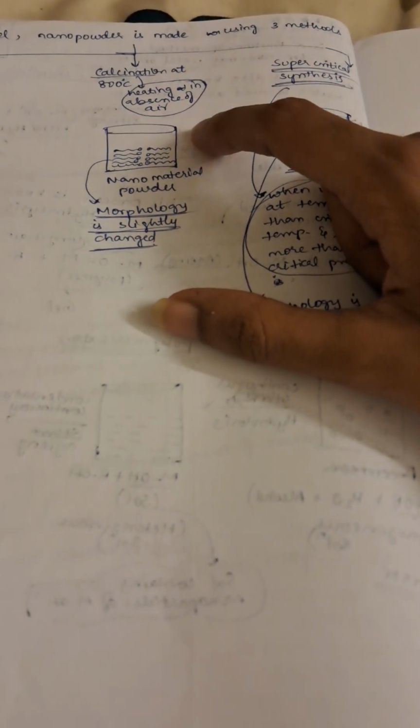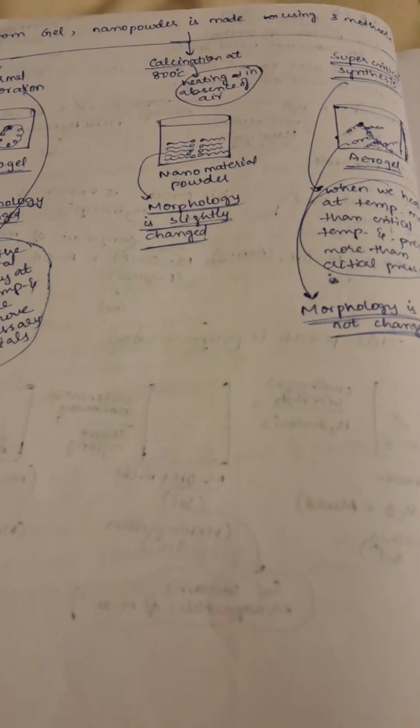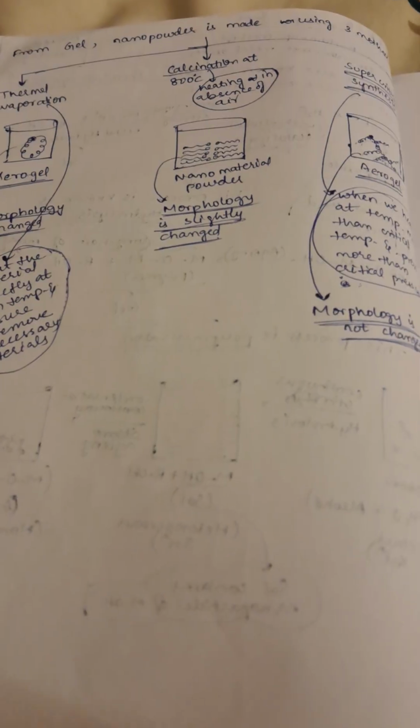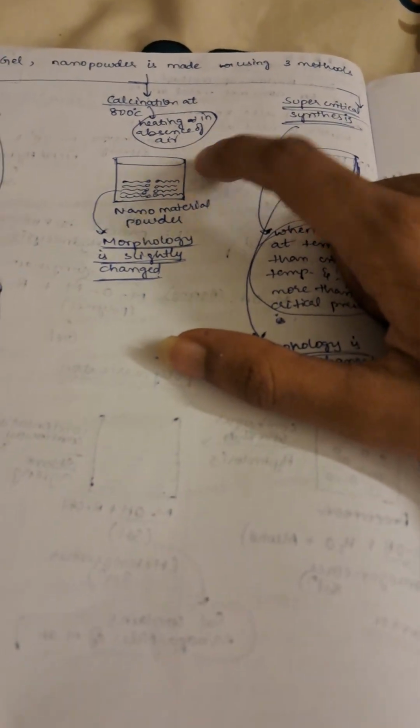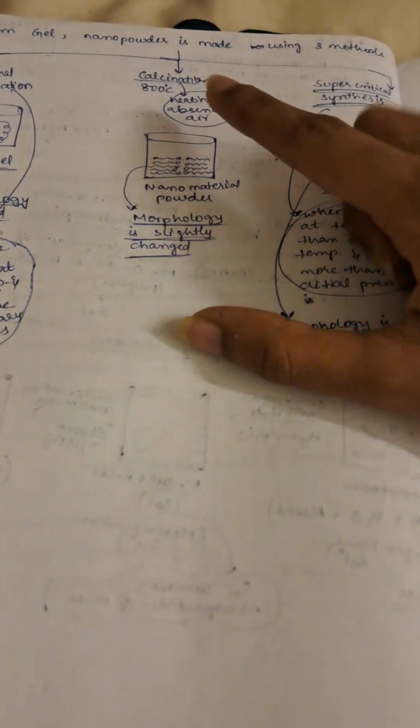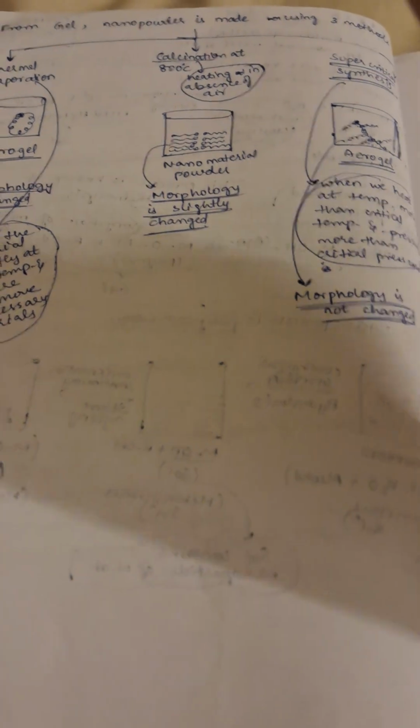In intermediate chemistry, we had the difference between roasting and calcination. Roasting means heating in presence of air. Calcination means heating in absence of air. So in calcination, we need to heat the material in absence of air at 800 degrees Celsius. Here the morphology is slightly changed, but it's okay.